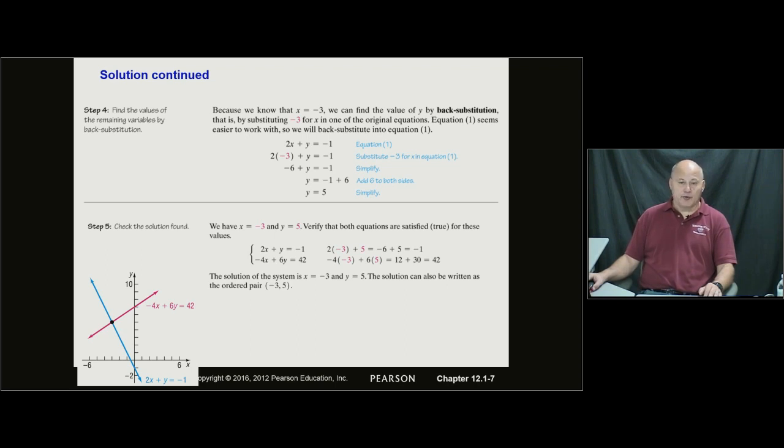But you don't want to rely on that graph only, because you can be slightly off on your graph. And again, sometimes these things don't cross right on the integers. You might have a solution of 2.5 comma 5.7, and there is no way your graph is going to give you those points, because you're not going to be able to get it accurate enough to get those points of intersection. But the algebra won't lie to you.